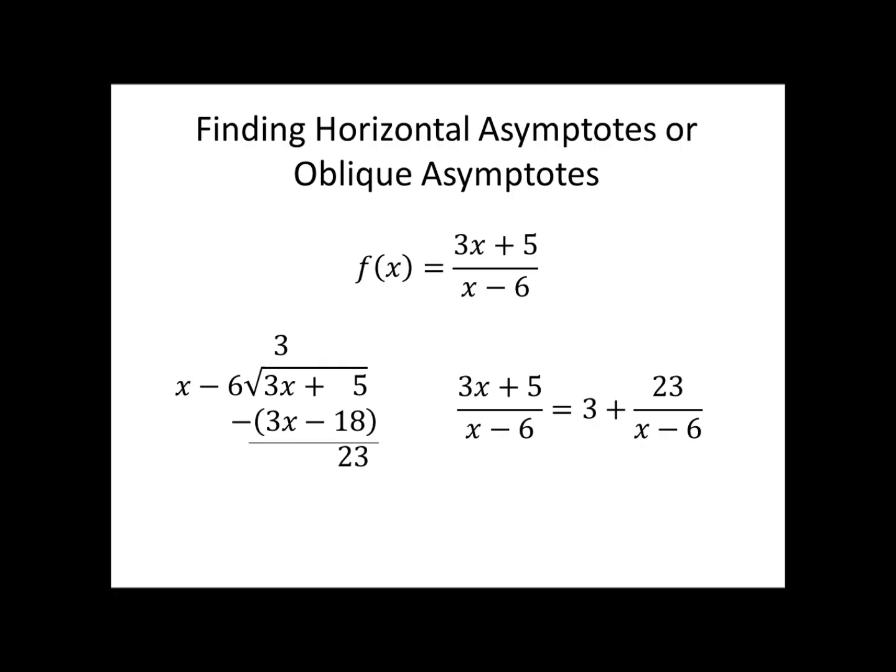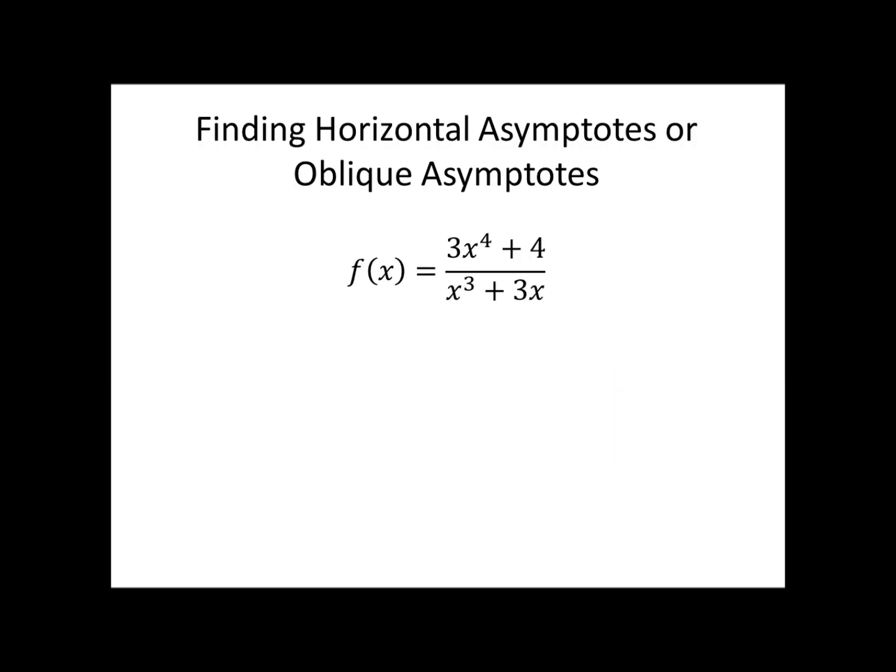And when I'm talking about horizontal asymptotes, I'm talking about a value that the function takes at really big values for x. Well, if I plug a really big value for x into that fraction, basically it goes to 0. So what I'm left with is the 3. And that, ladies and gentlemen, is the horizontal asymptote for this rational function.